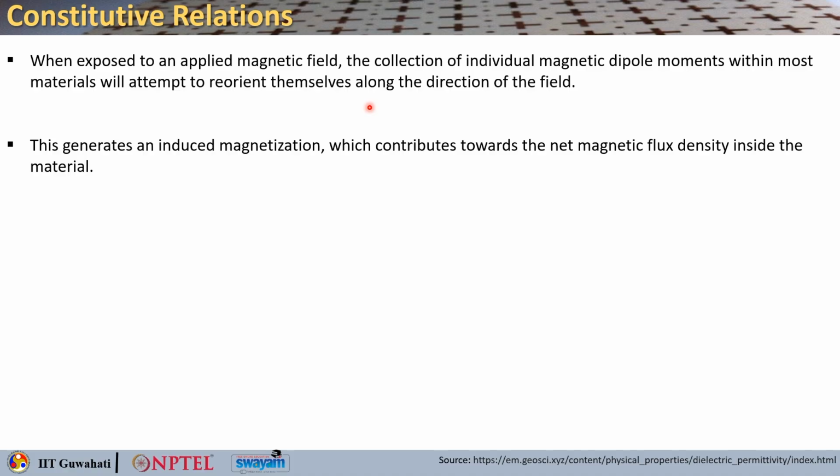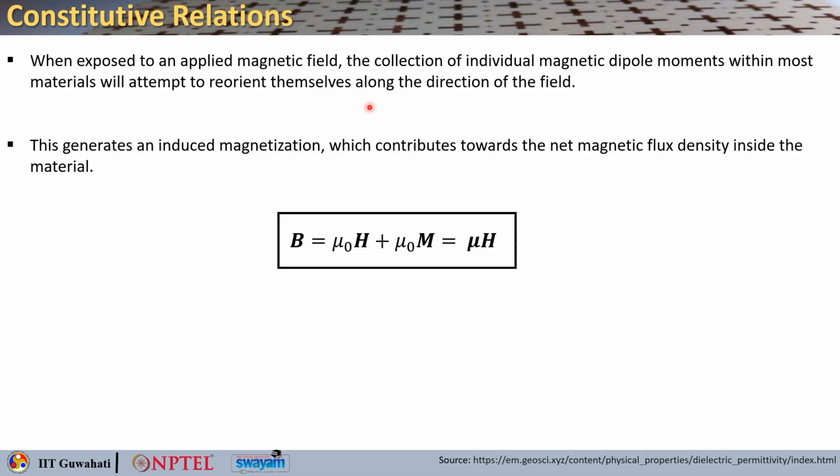So, this will generate an induced magnetization in the material, which contributes towards the net magnetic flux density inside the material. So, you will have B, the magnetic flux. B equals mu naught H plus mu naught M. That altogether can be written as B equals mu H.